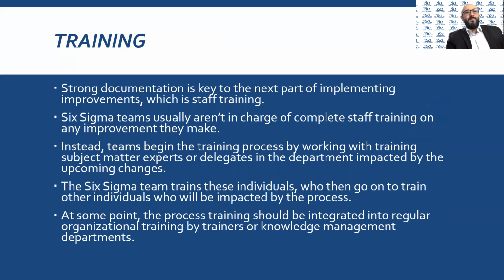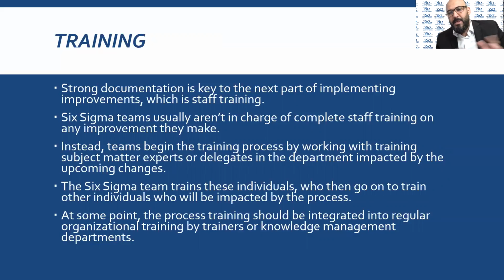The next phase after documentation, what we could do, we could provide training. After we did all the documentation, now the Six Sigma team could be in charge of staff training. Well, they are not in charge of the whole staff training. What would they do? They will train specific people, just limited people, and these people, delegates or subject matter experts, will do the training for their department.